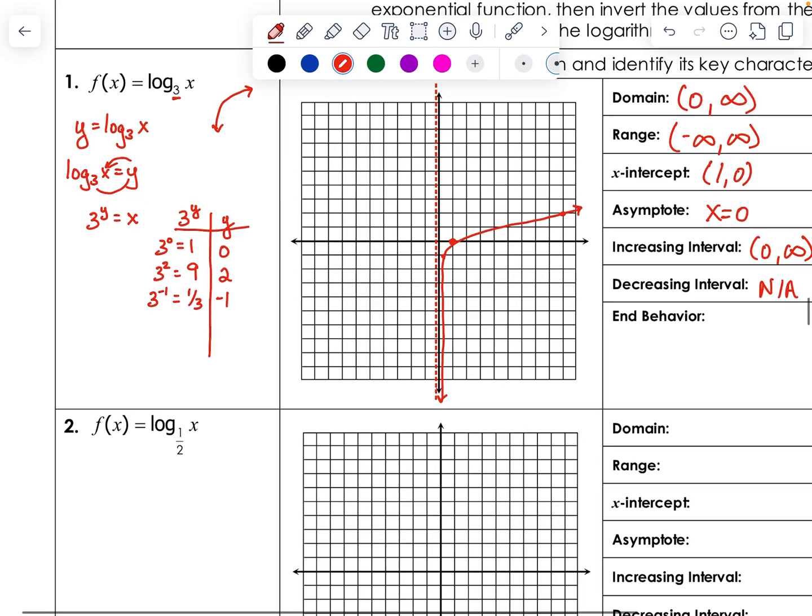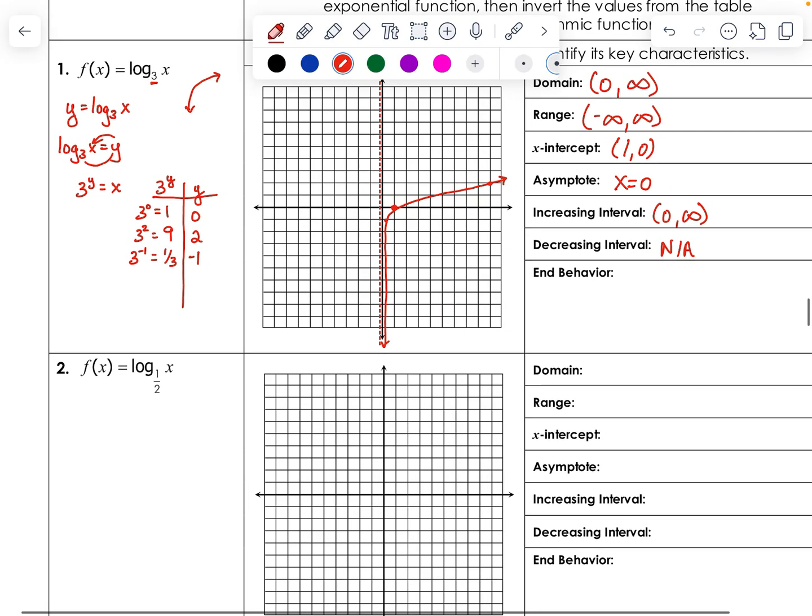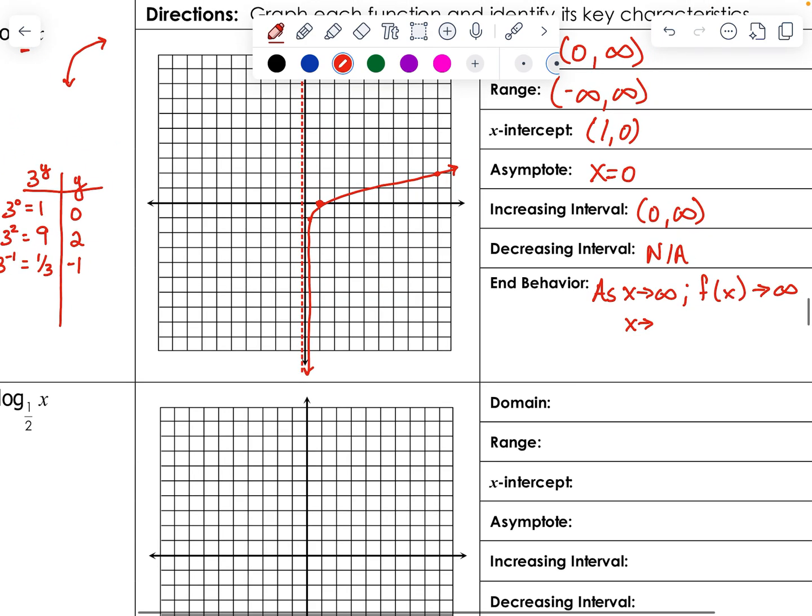So now I can see my end behavior a little bit different. So as x goes to infinity, my graph is going to go up to infinity. As x approaches, now x is not going to go to negative infinity. It's going to go to 0, or it's going to approach 0.